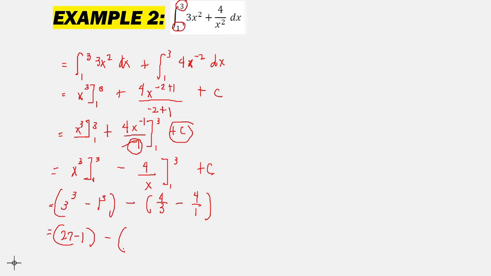This is 8 over 3, so negative 8 over 3. So therefore, our final answer is 26 plus 8 over 3, or that is simply 86 over 3. Okay, so this is our final answer.